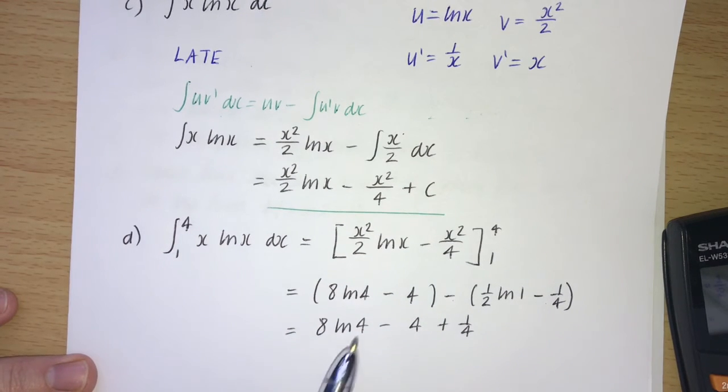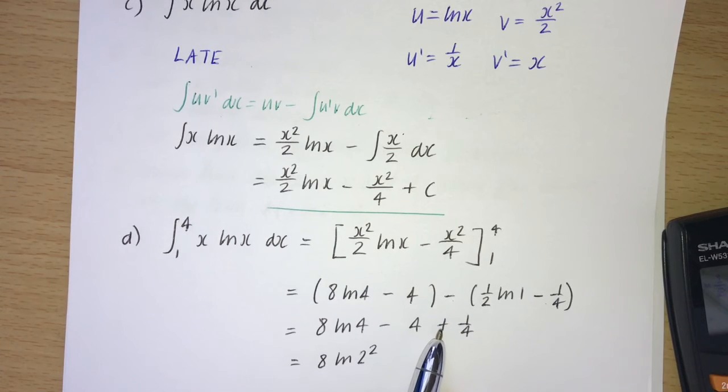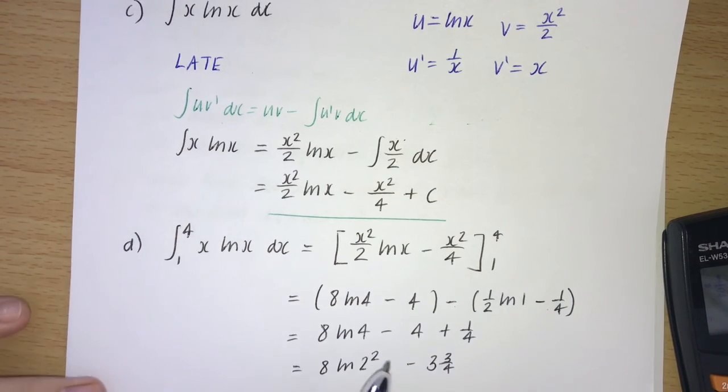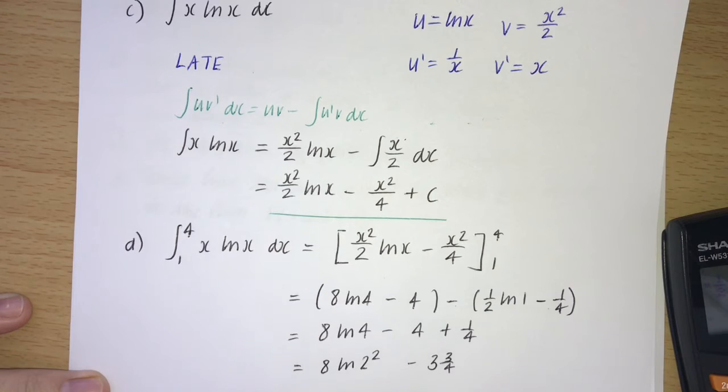Now the answer had a ln 2 in it, so I'm going to call that 2 squared. So that's minus a quarter, minus 4 plus a quarter, that's minus 3 quarters there, times by the 2, 16 ln 2. I'm going to write this as an improper fraction. 4 3s are 12, plus 3 makes 15, minus 15 over 4.